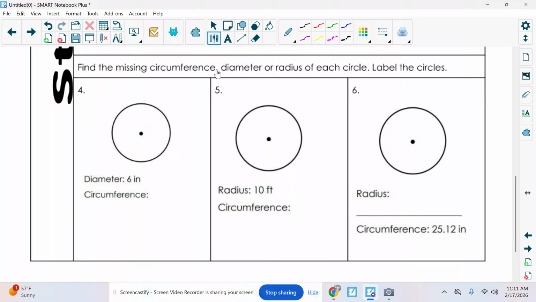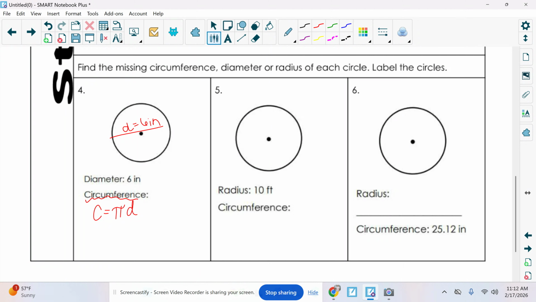Alright, it says find the missing circumference, diameter, and radius of each circle. We've got to decide what are we given and what do we need. Alright, we're given here what? The diameter equals 6 inches. We want to find the circumference. Look at your formula sheet. If you're given the diameter, what formula do you need? Circumference equals pi times diameter. You have to write the formula down.